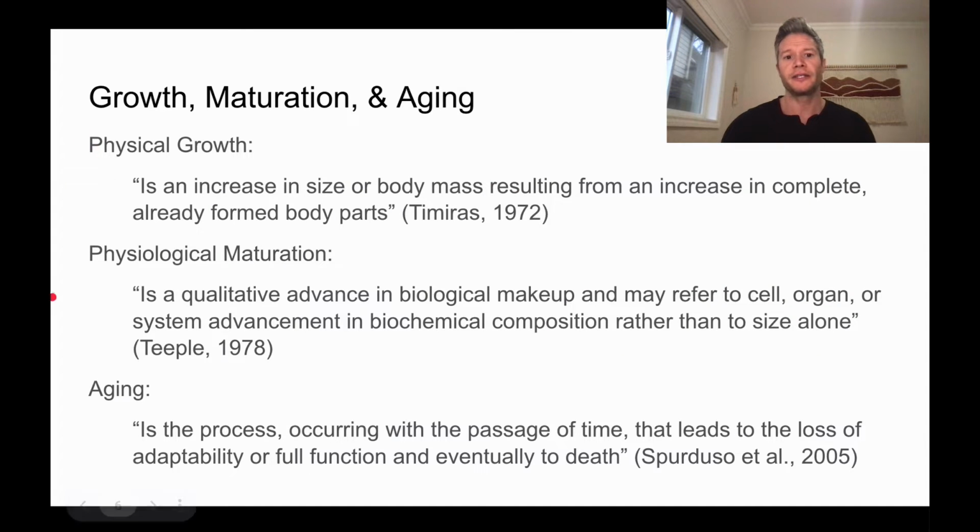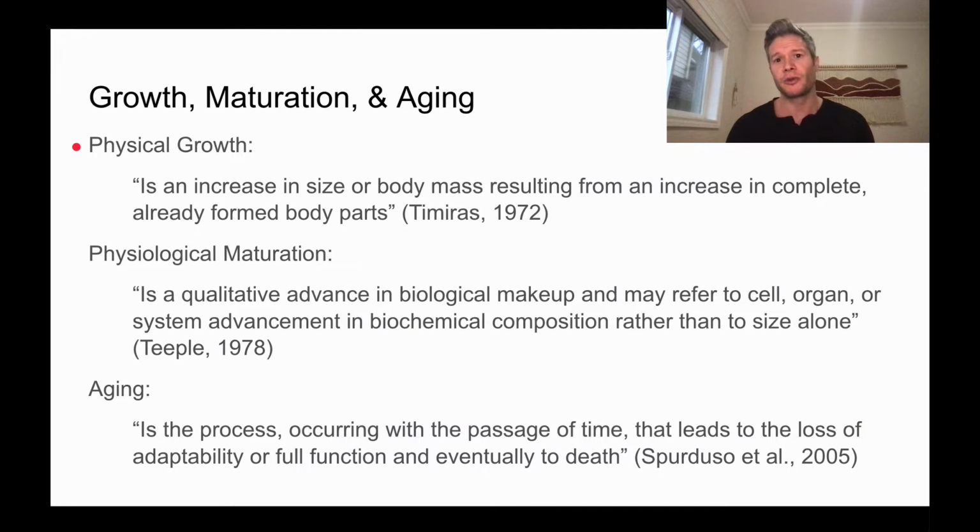So let's clarify a little bit. I'll give examples. If you want to pause and read each of these quotes in full, by all means, go ahead, but I'll just give brief definitions or examples. Physical growth, that's literally the physical growing that we do. So getting taller is a great example of that.